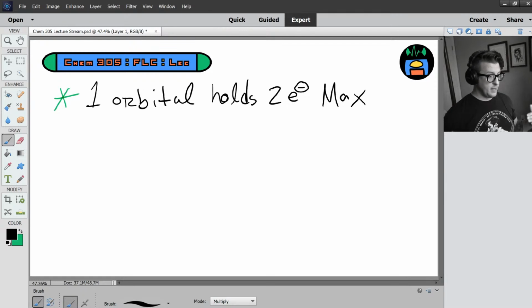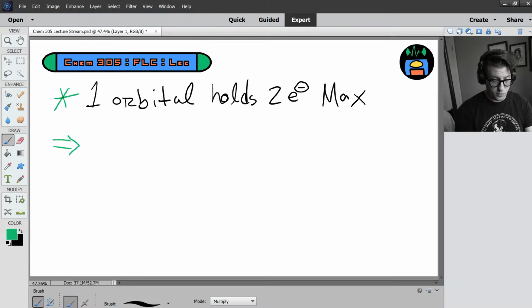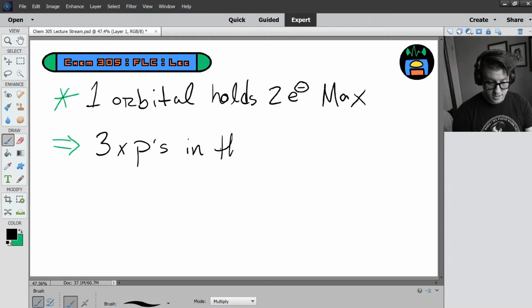Each orbital can hold 2 electrons max, and it doesn't matter what orbital we're talking about, whether s orbitals, p orbitals, d orbitals, or f orbitals, every orbital type holds 2 electrons max. That being said, something to be aware of is there are, for example, 3 p orbitals in the p subshell.